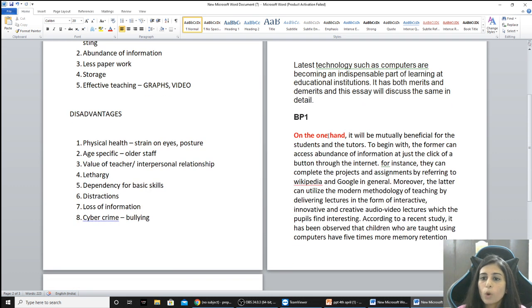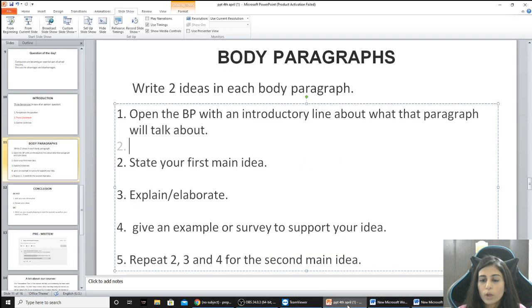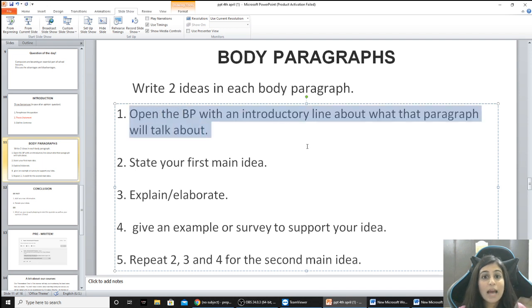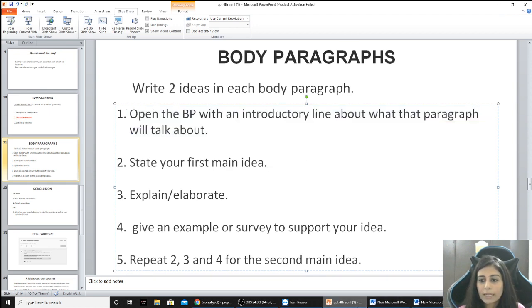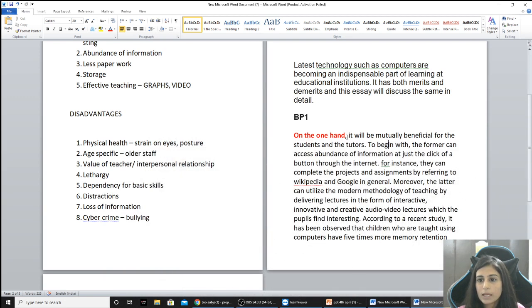So we have written, on the one hand, it will be mutually beneficial for the students and the tutors. So what we have done here is we have written one introductory line about what we are going to talk about in this particular essay. So introductory line is basically this: it will be mutually beneficial for the students and tutors.